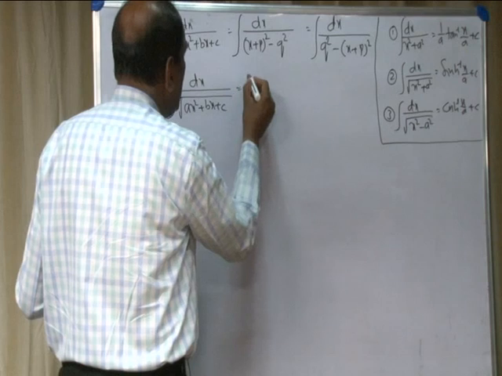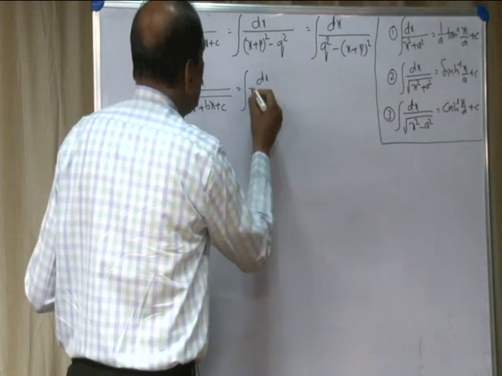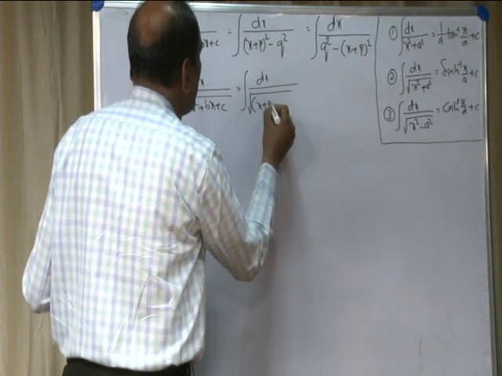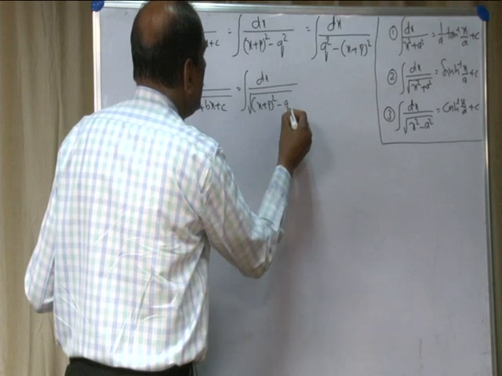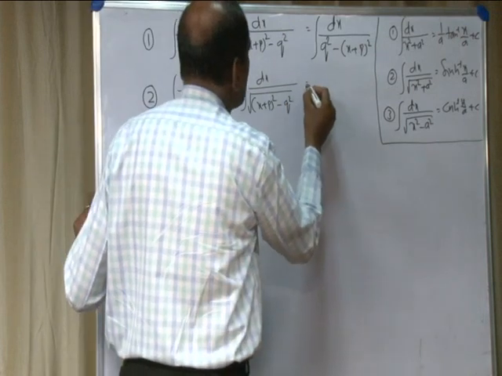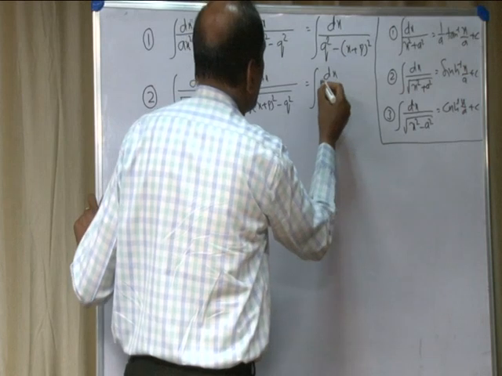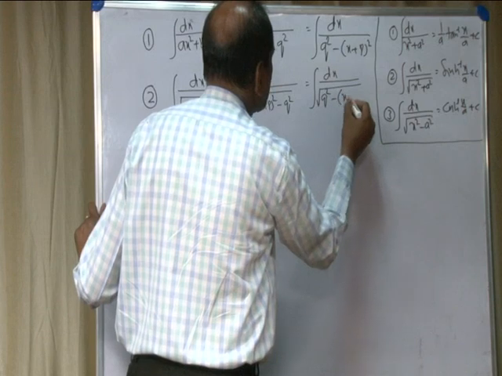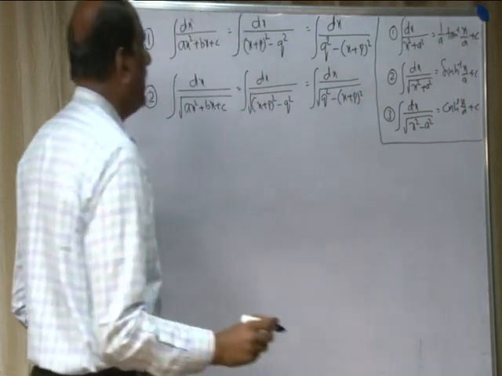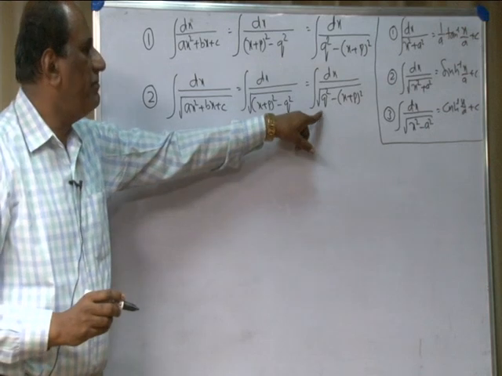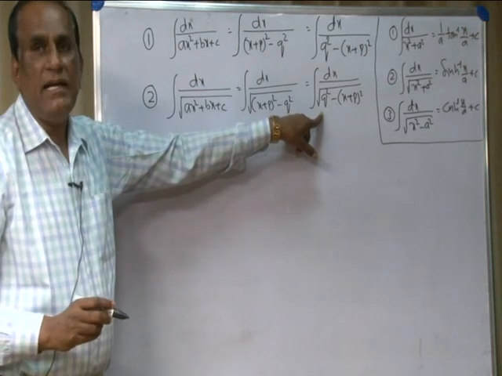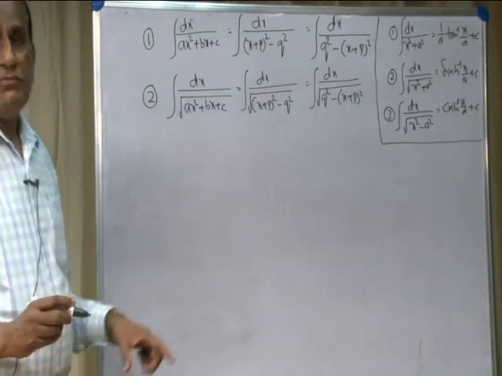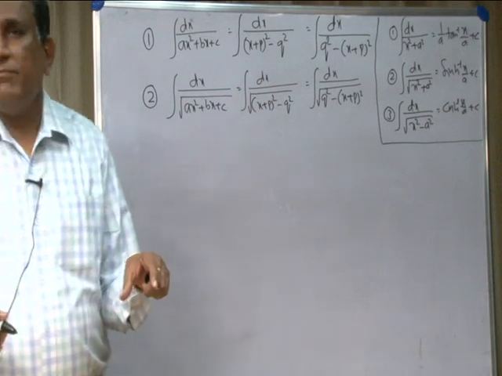This can be written again under the root sign as dx divided by root of x plus p whole square minus q square, or in another form, dx divided by root of q square minus x plus p whole square. After writing the given integral in this form, we can apply the standard integrals. I am going to use those 7 standard integrals.